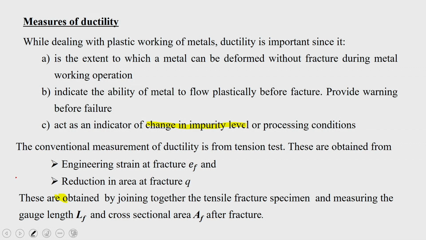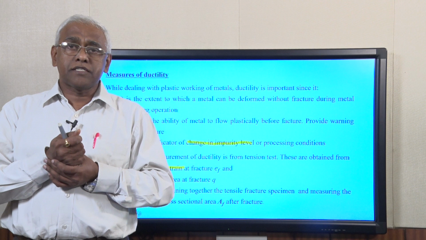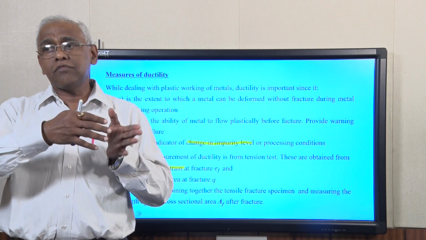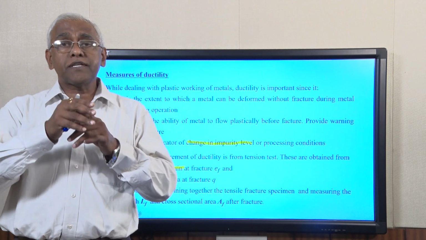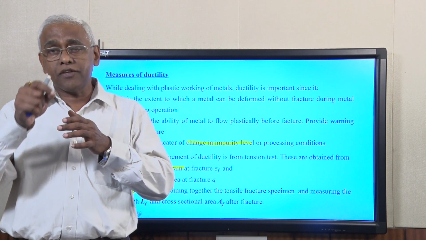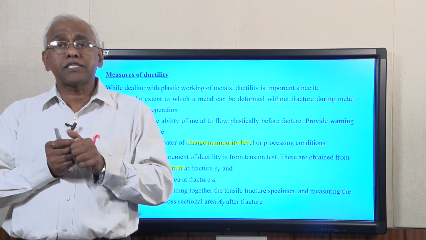The ductility values can be obtained from the engineering strain at fracture, that is the EF, the total engineering strain, and the reduction in area at fracture, because as we know the deformation which is taking place, the load reaches a maximum. Till that time the deformation is homogeneous, and after that the necking starts, and at the failure strain there is a minimum cross sectional area.